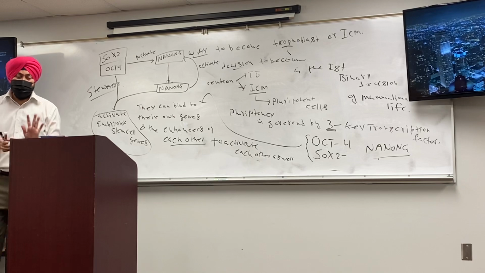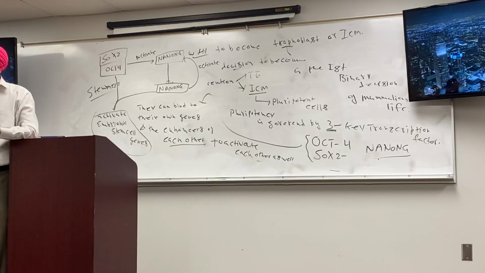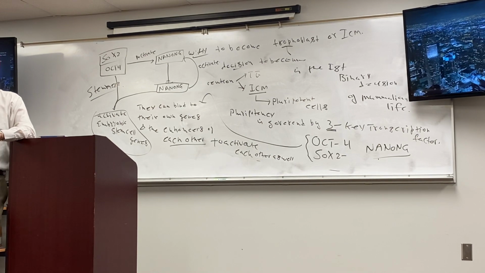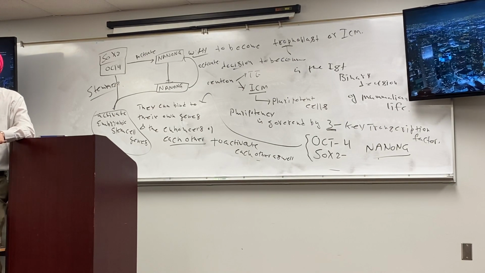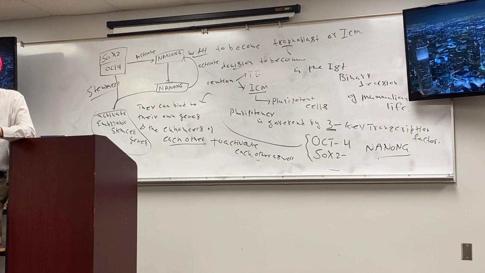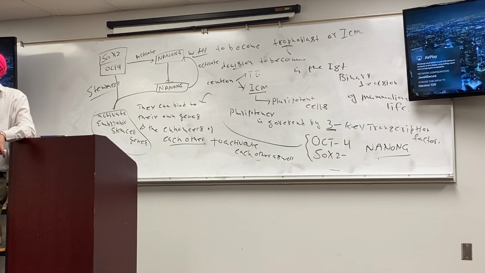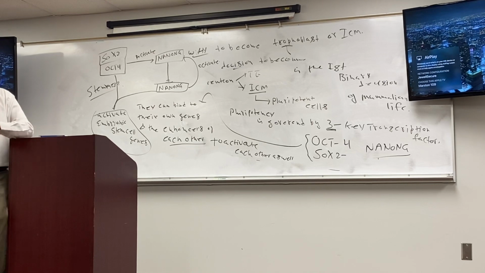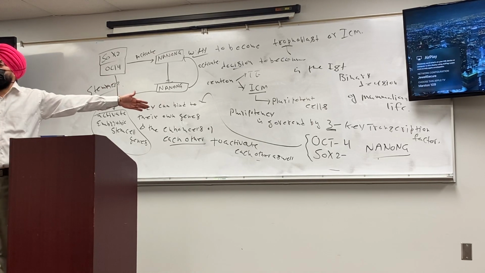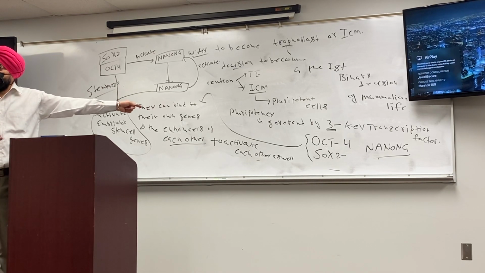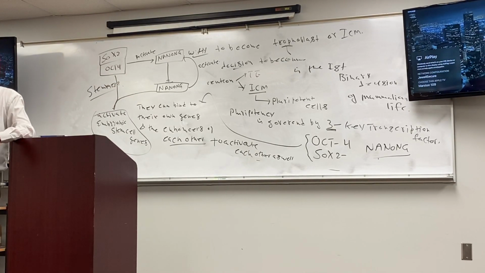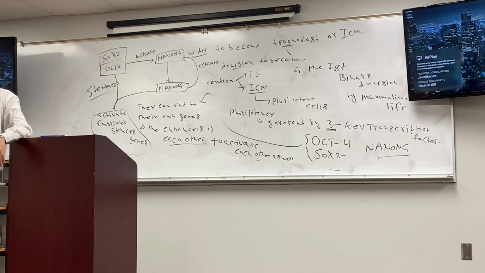So what we are saying is that you either become ICM or trophectoderm. That's the first decision. How that decision occurs we'll cover on Friday, right? But to have stem cell characteristics, you need to maintain three transcription factors at a very high level. Those are OCT4, SOX2, and Nanog. Once they are in a cell, they can bind to their own enhancers and activate their transcription.